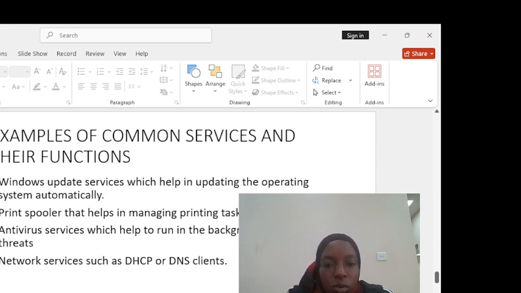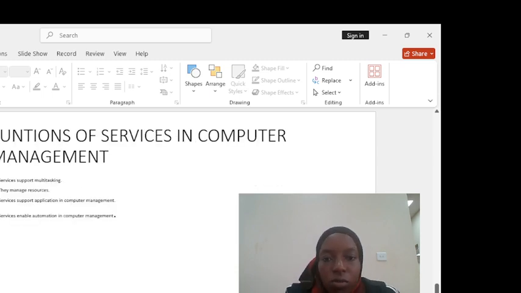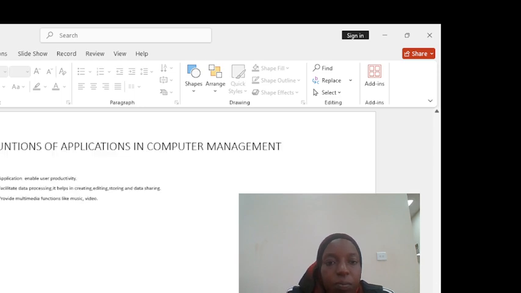We also have antivirus service and networks, among others. Then the functions of services in computer management: these services support multitasking, they also manage resources, and they support applications in computer management.